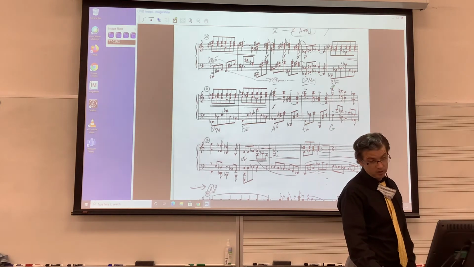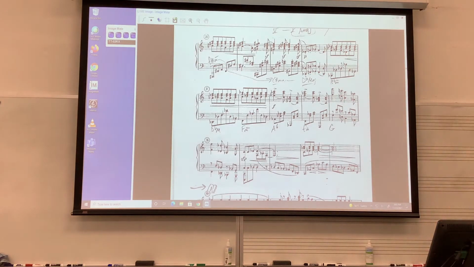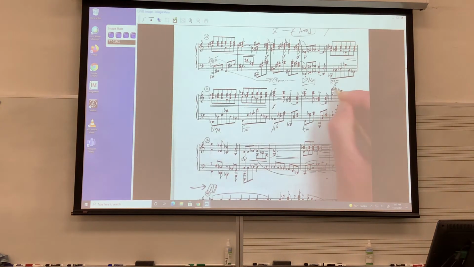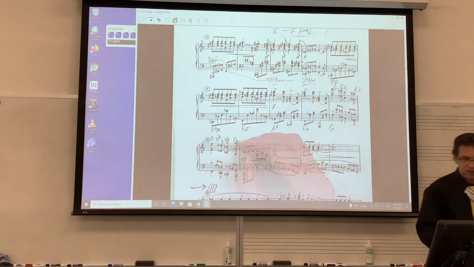Then all of this motion by third of the harmonies suddenly goes into lightning mode. Motion by third: G, E, C, A flat, F, D flat, B flat, G. Right?